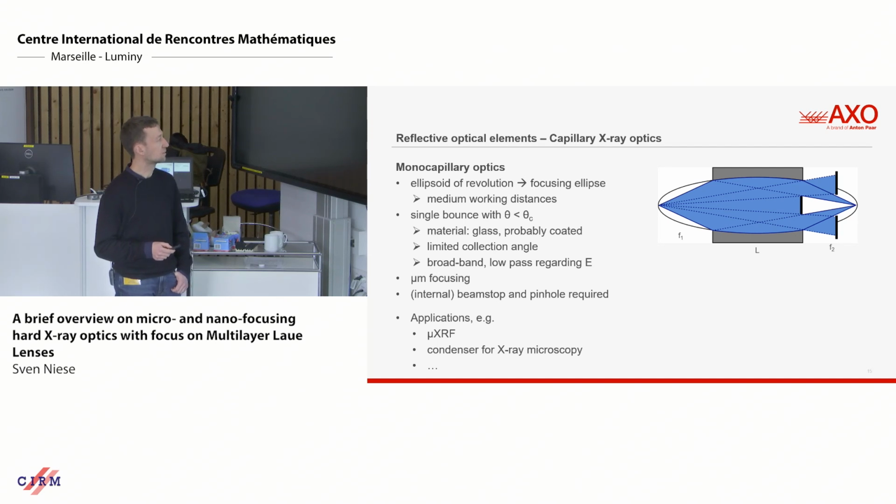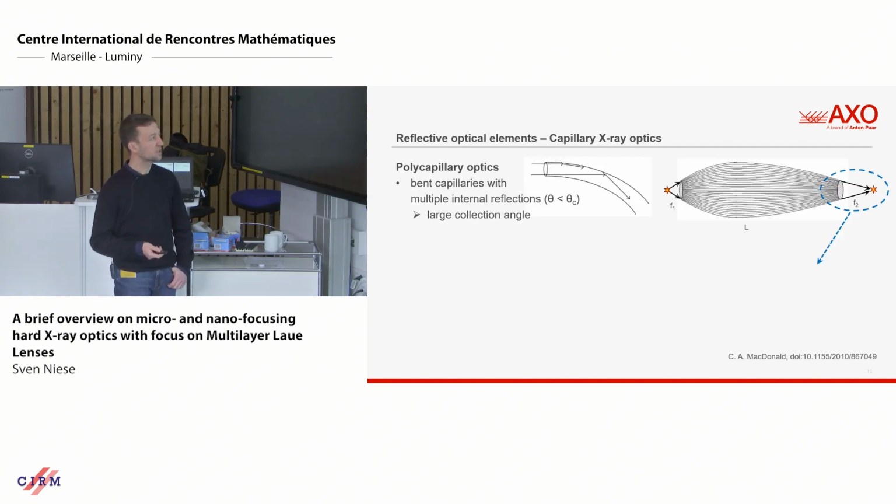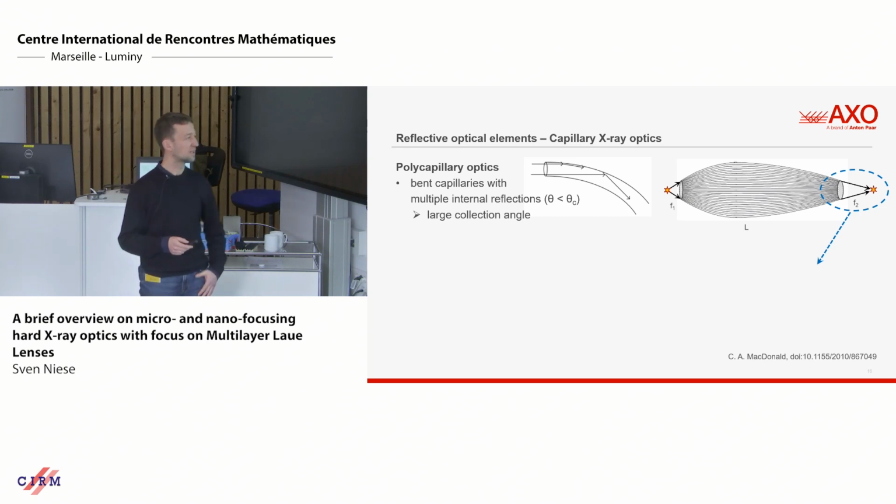That was one special kind of optics. More common are polycapillary X-ray optics. If you take a glass capillary with air or vacuum or helium inside, you can again employ total external reflection.